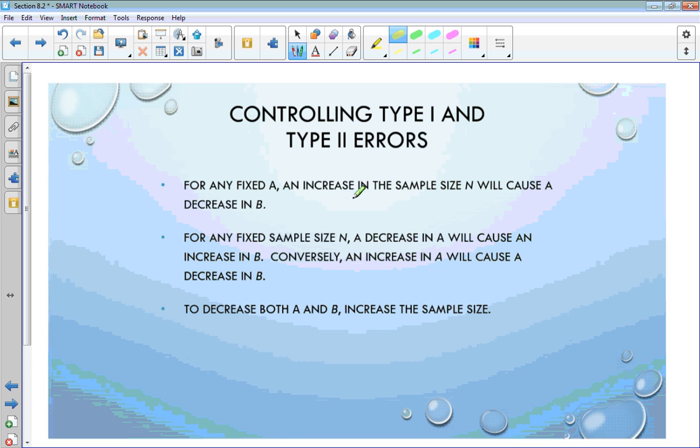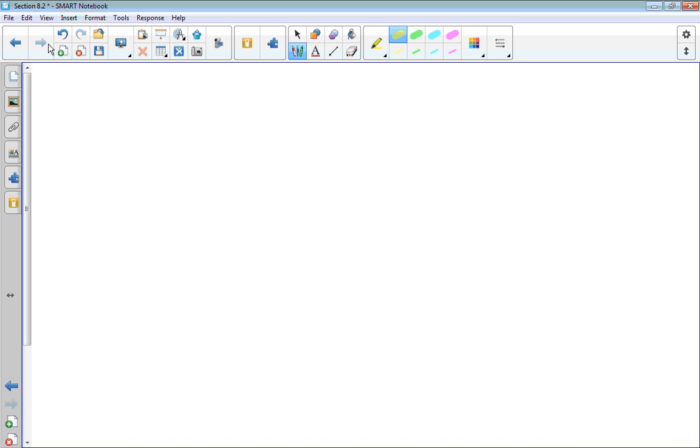If we have a fixed sample size, a decrease in alpha will cause an increase in beta. Conversely is also true. To decrease both A and B, increase the sample size. And that's it for section 8.2.